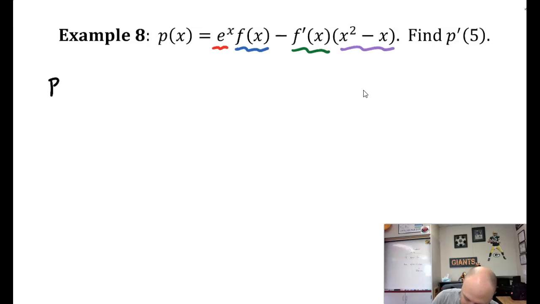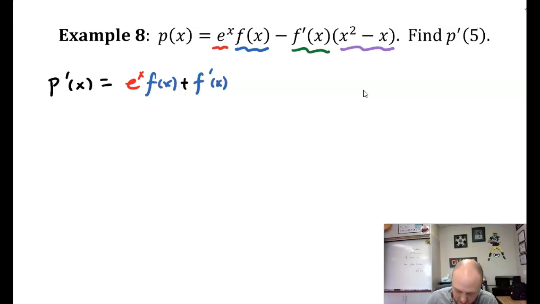So the first task, the first endeavor that we're going to have to do is calculate p prime of x. So the derivative of the first, e to the x times the second, f of x, plus the derivative of the second, f prime of x, times the first, e to the x. Okay, so there's that first piece. All right, minus, I'm going to put a big fat parenthesis whenever I have that subtraction. Big parenthesis. Okay, derivative of the first. Well, that's f double prime of x.